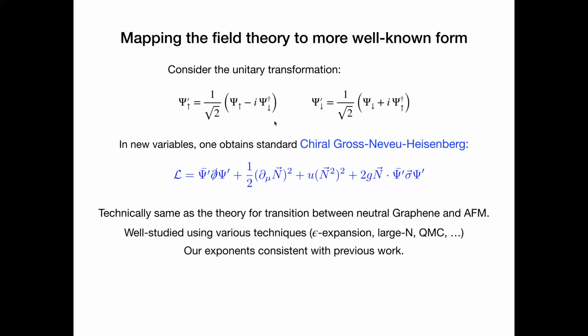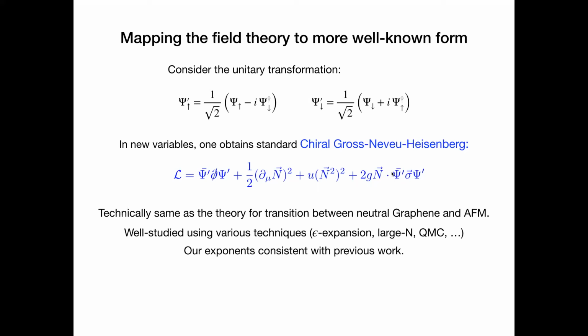So you can do an interesting particle hole transformation, which is, I don't know what to call it, a Bogoliubov transformation of some kind, and you get this action. So you map it to the Gross-Neveu transition. To us that was kind of interesting that we could do it. So this is the answer for the field theory.